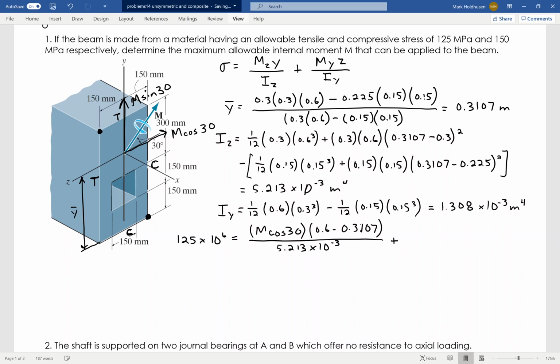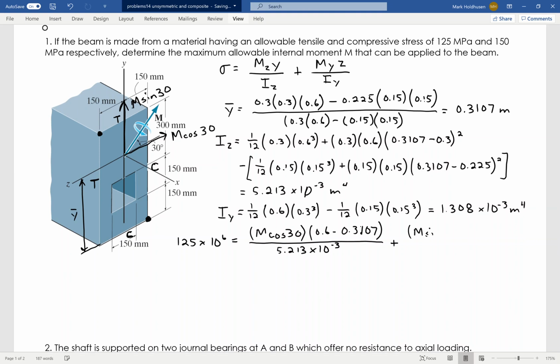To that, I'm going to add, going about the y-axis, where I've got the M sine 30, its location is 150 from the center, right, because they just move over 150, and then divide that by the moment of inertia about the y-axis, which is 1.308 times 10 to the minus 3.